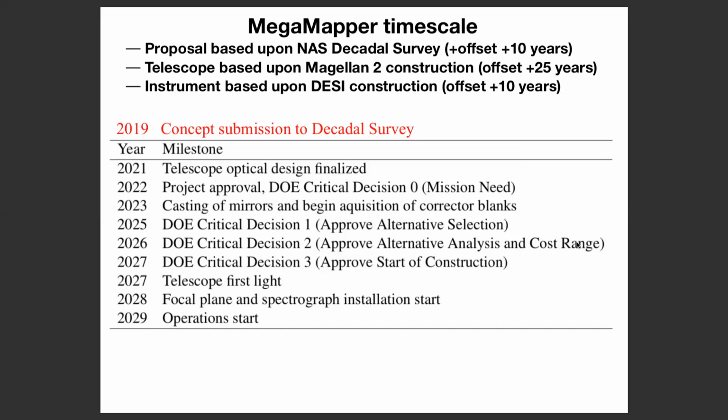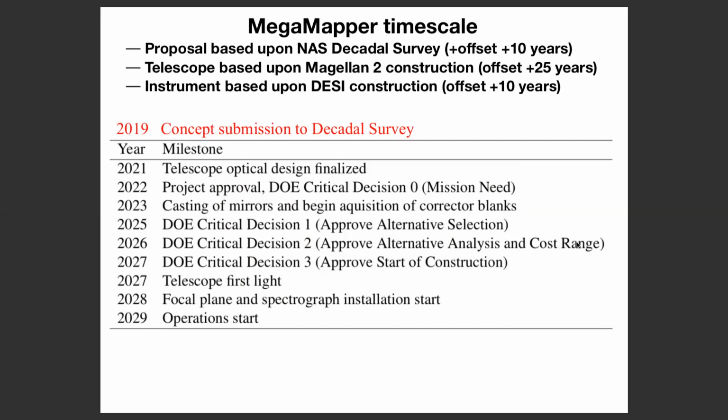Okay, so this is our notional timescale. Again, this is just the conceptual design right now. This was submitted to the Decadal Survey for consideration of what science reach is possible. We think we've outlined a program where it could be completed on a time scale 10 years after the DESI project.